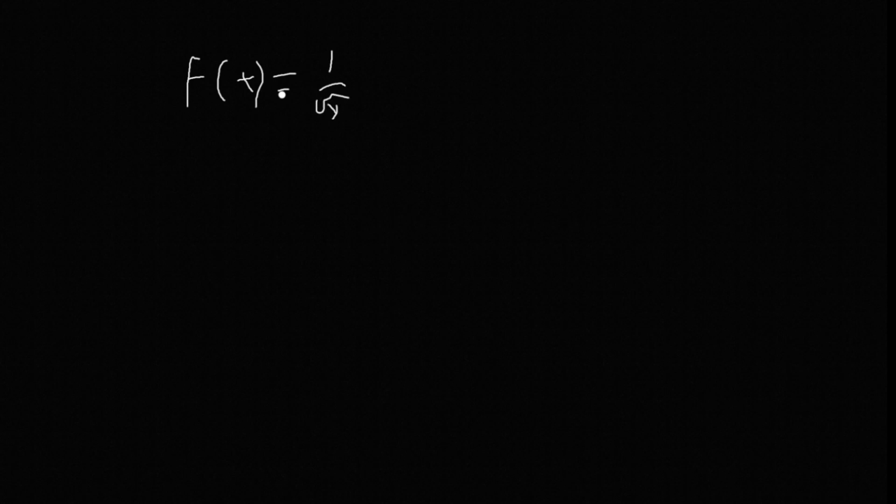This function, actually this would be 1 over t, represents some rate at which snow is falling.